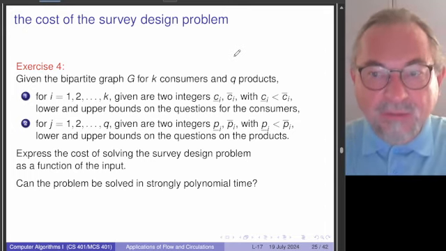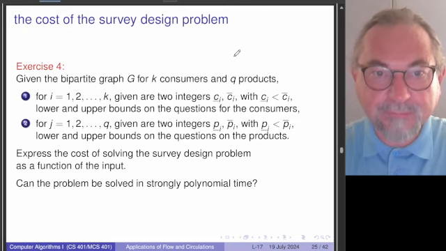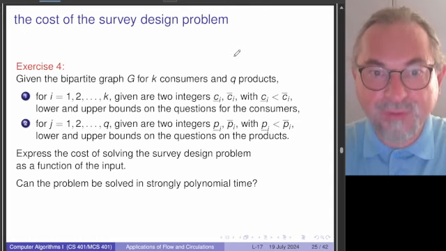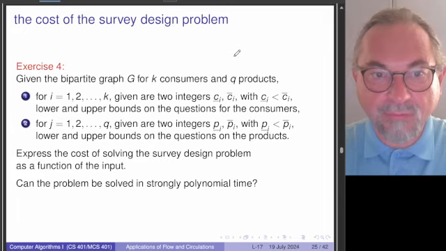Okay, what is now the upper bound on the running time? So we have all the inputs. We have the k consumers, q products. So k plus q vertices in the graph. We have probably many more edges, depending on which product was bought by what consumer.